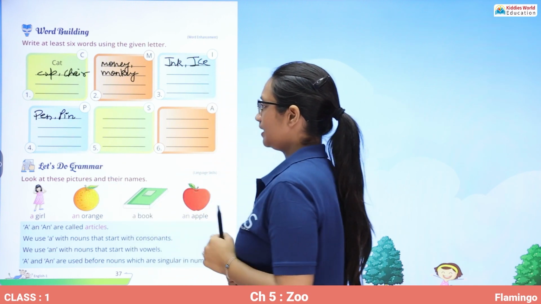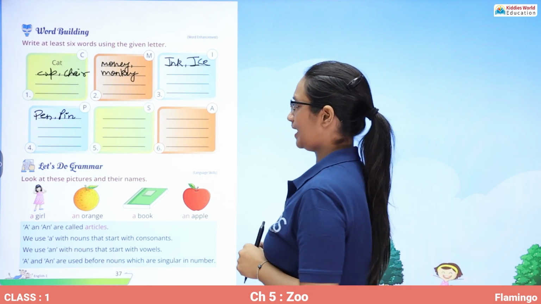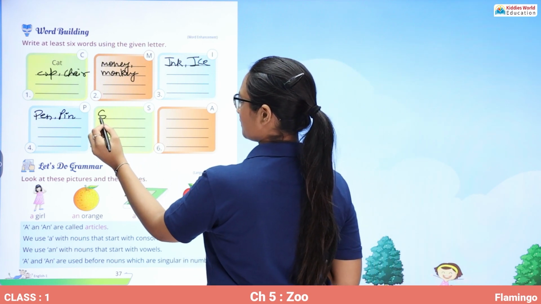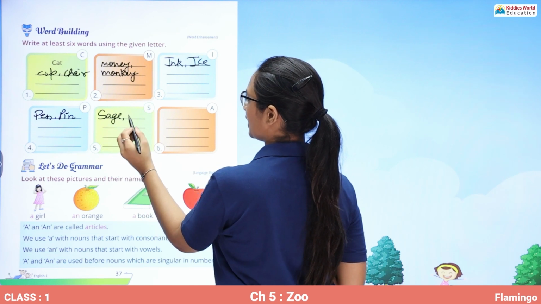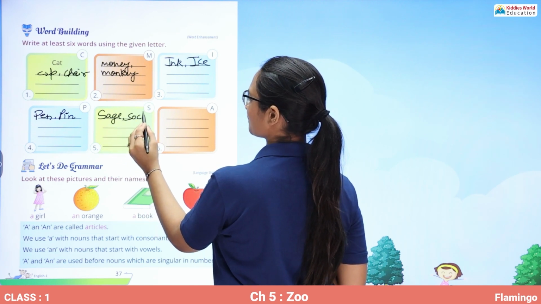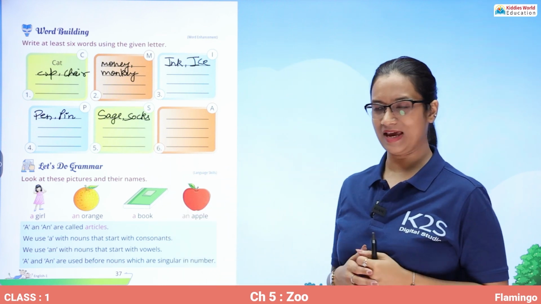Then we have S. From S, we can write sage, and also we can write socks. So these are the simple words that we can make from S.